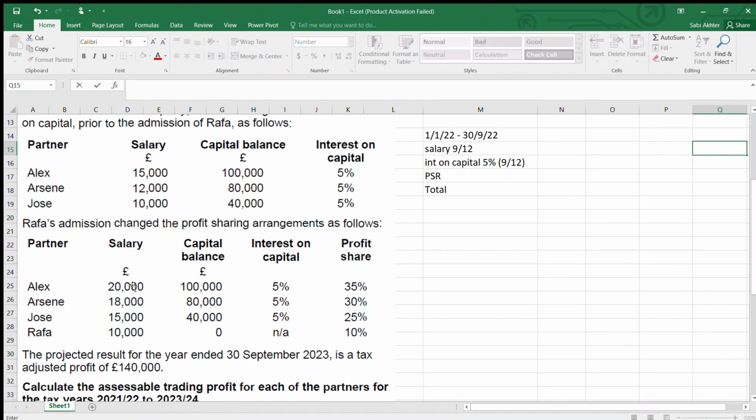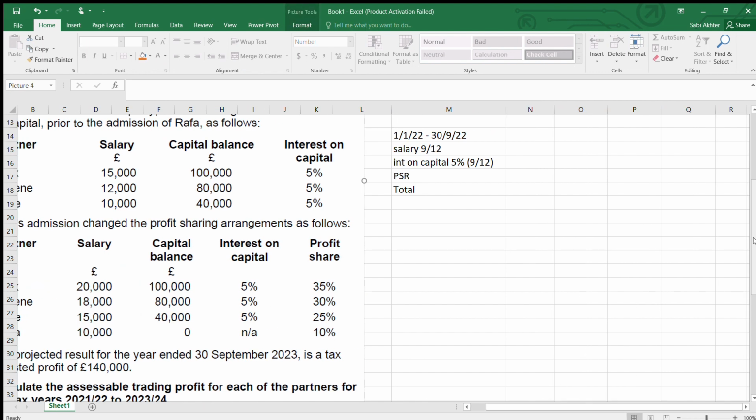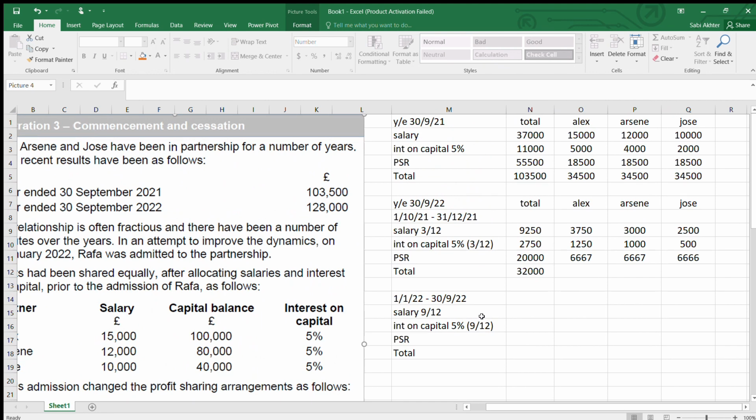The salaries are this. It has changed. Okay. So now because this has changed, you only have to take 9 months out of this, 20, 18, 15 and 10. So for 20,000, I will take only 9 months salary. And I will add one more partner here, which is Rafa.